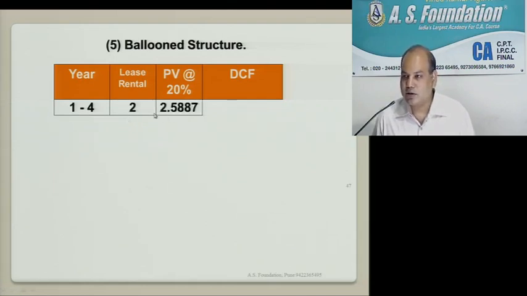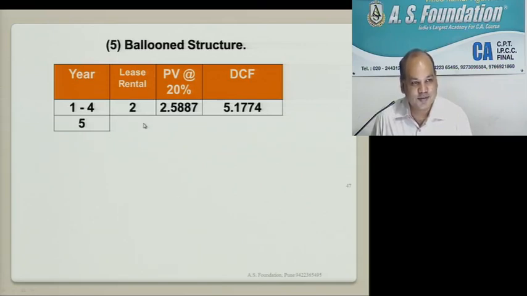Calculate the annuity factor for 4 years, 20%. 2.5887. Don't round up so much, you are a student, not Anil Ambani. Multiply: 5.1774.